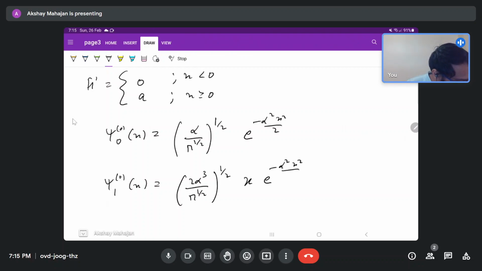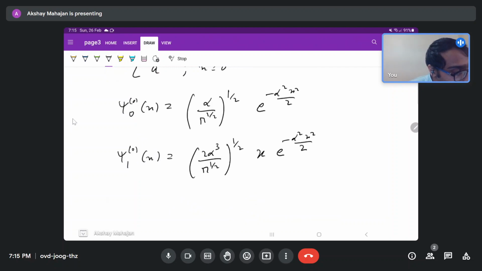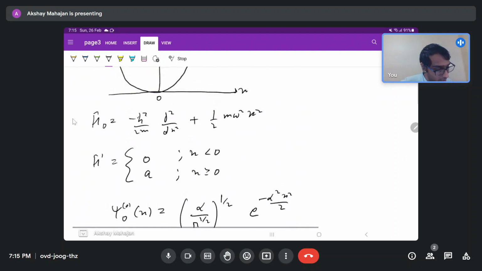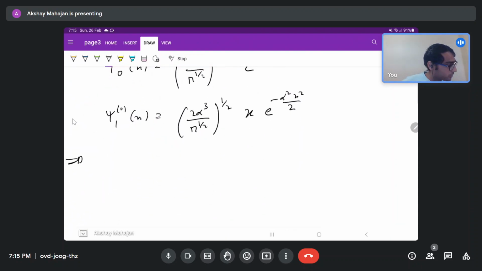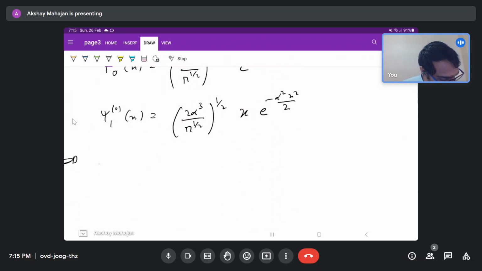This we know from our simple harmonic oscillator. Now we need this second order energy correction. Again we will write our general formula for the second order energy correction. We don't have to find the first order, we have to find directly the second order energy correction.